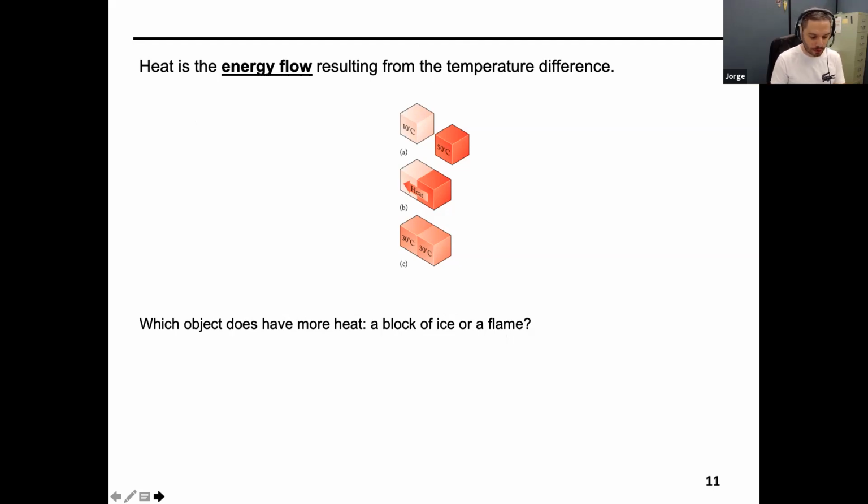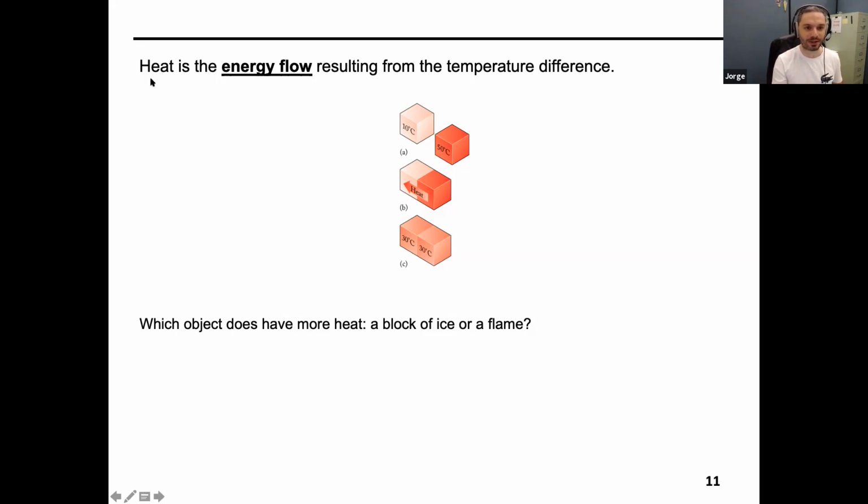Okay, so I showed you the two different forms of energy, potential and kinetic. Potential energy is associated with the ability to produce work, okay? So a body at the top of the hill has a lot of potential energy to be transformed in kinetic energy that's associated with movement.